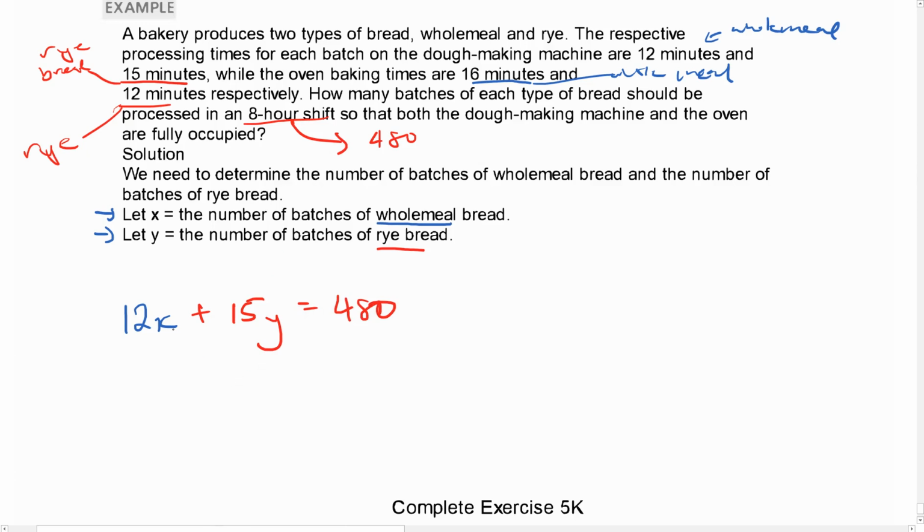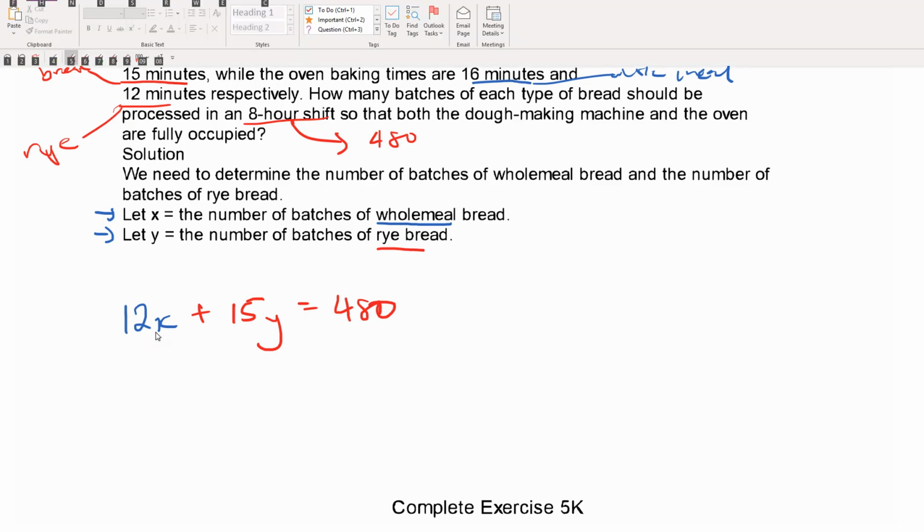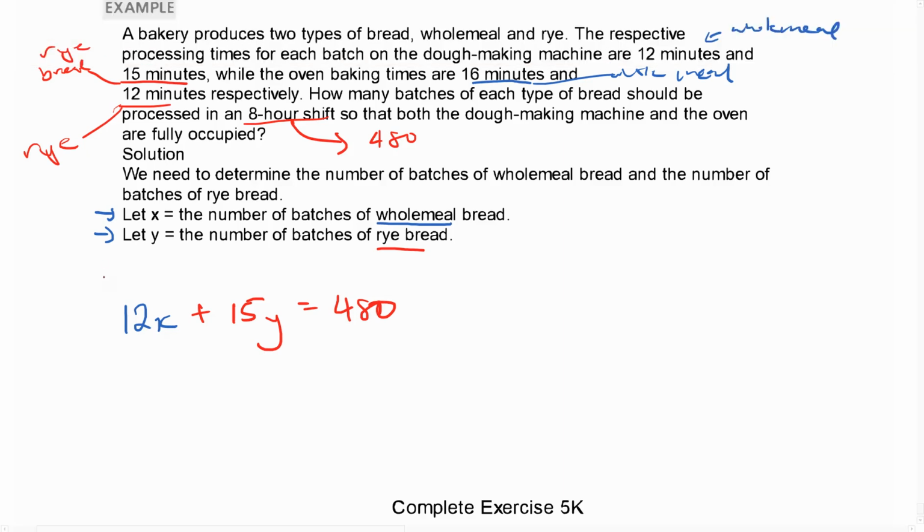The next equation, the second half, is 16 minutes for the wholemeal, so 16x, it takes 16 minutes to get baked, plus 12 minutes for the rye bread, and that should also equal 480 minutes.